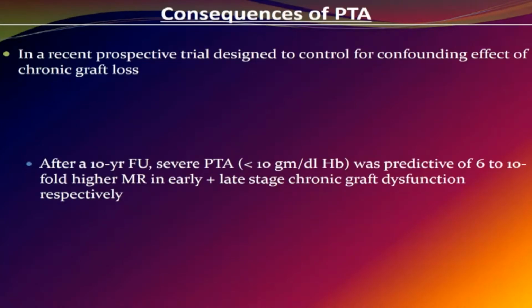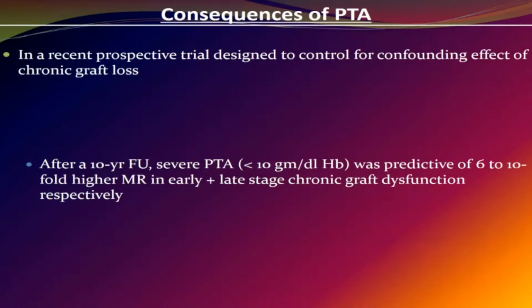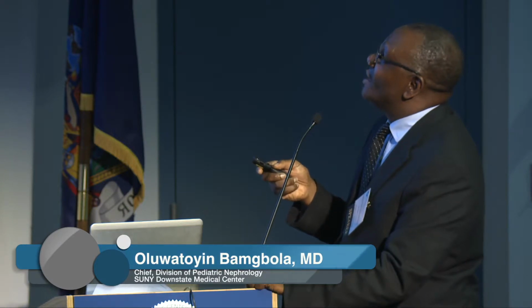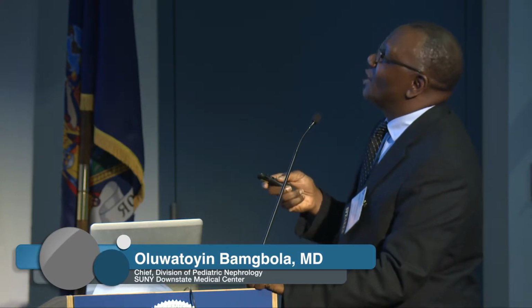In a recent prospective trial deliberately designed to control for the confounding effects of chronic graft dysfunction, after about 10 years of follow-up, severe post-transplant anemia was predictive of 6 to 10-fold higher mortality rates in those with early and late-stage chronic graft dysfunction, respectively. As illustrated in this diagram, a 6-fold increase in mortality is associated with severe post-transplant anemia in those with transplant CKD stage 1 to 2, compared to a 10-fold increase in those with transplant CKD stage 3 to 5.